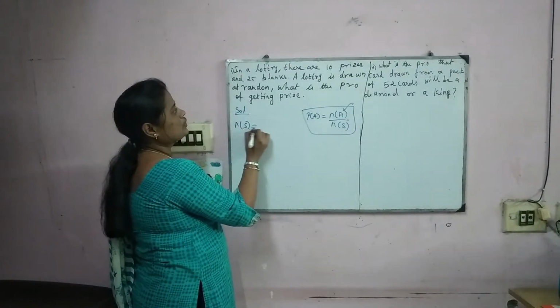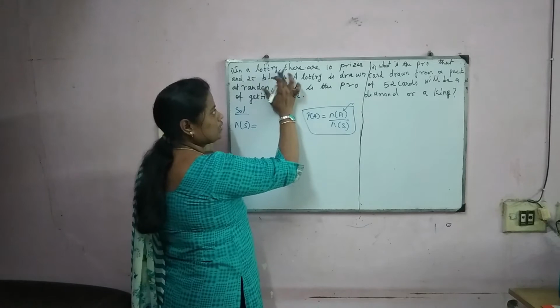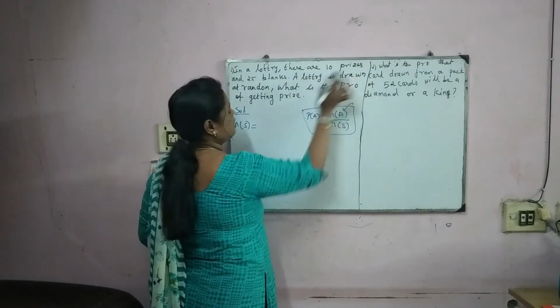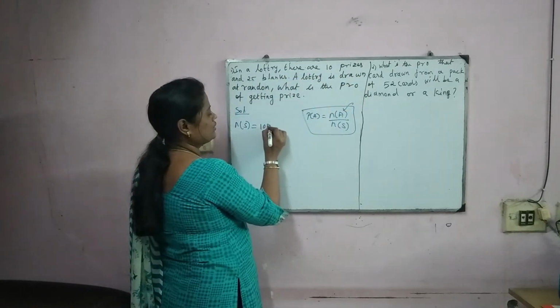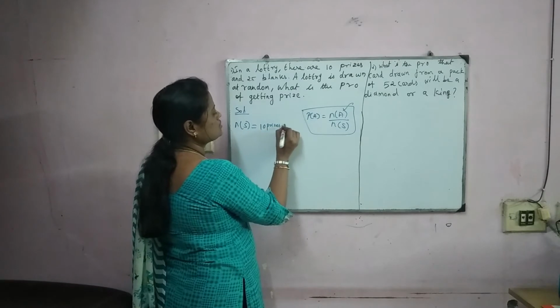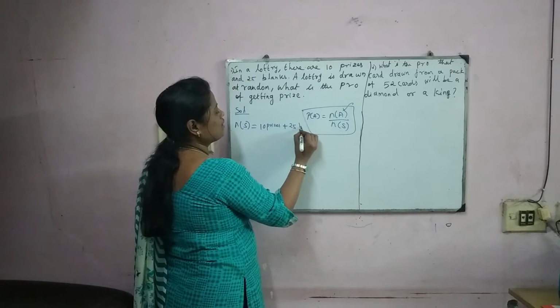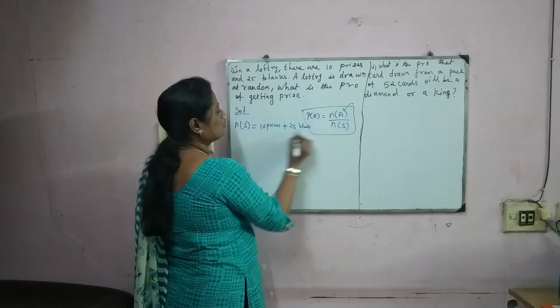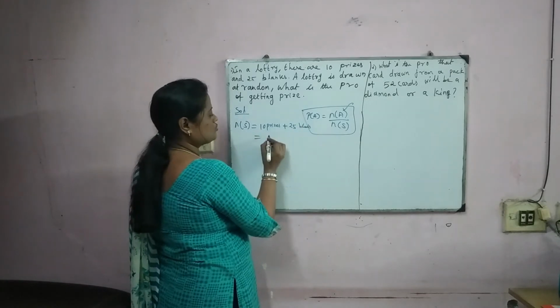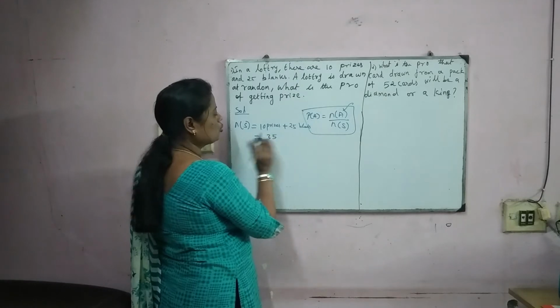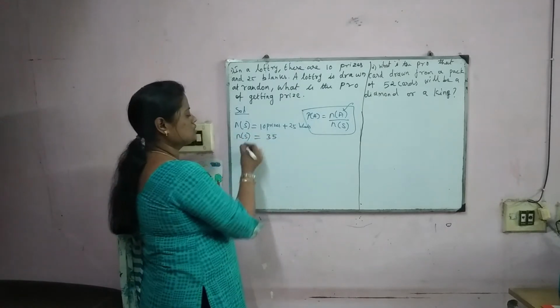N of S is equal to, they have given that in a lottery there are 10 prizes plus 25 blanks. So the total lottery will be 10 plus 25, 35. N of S will be 35.